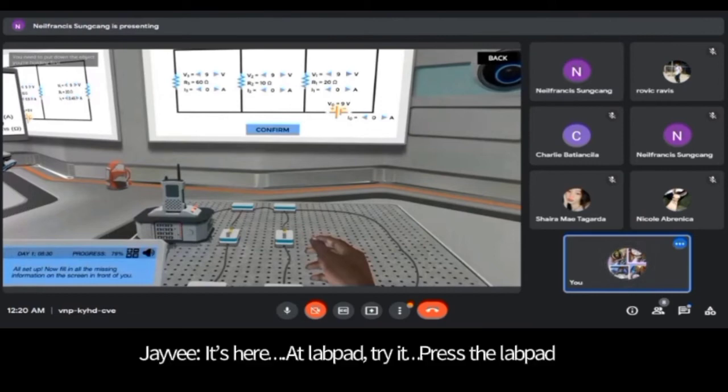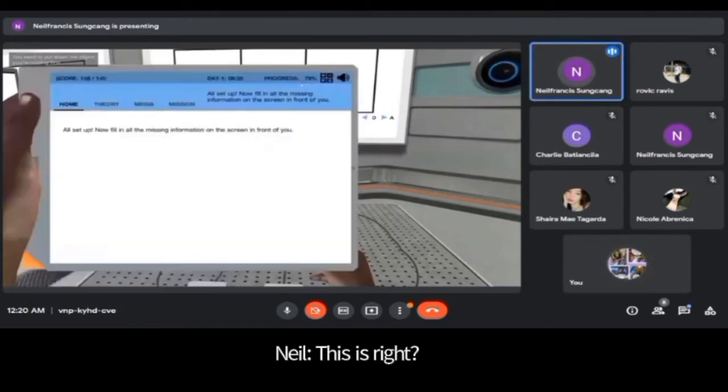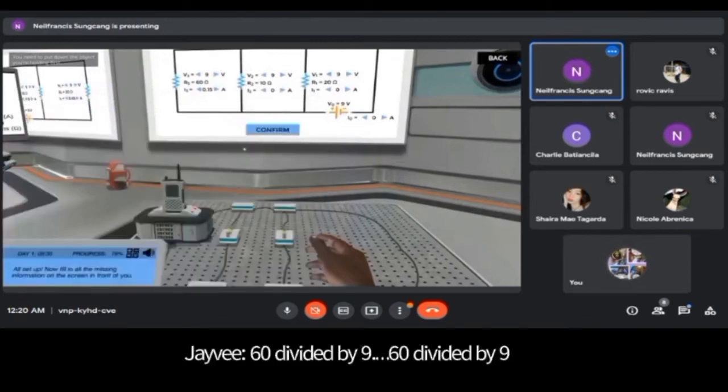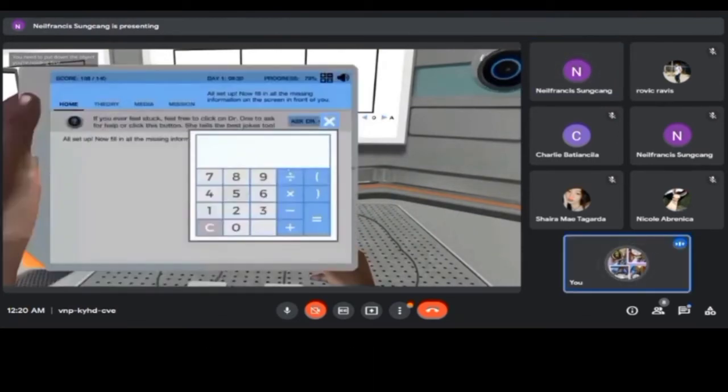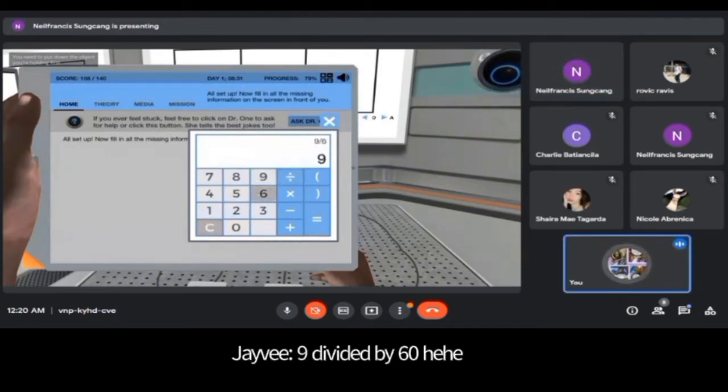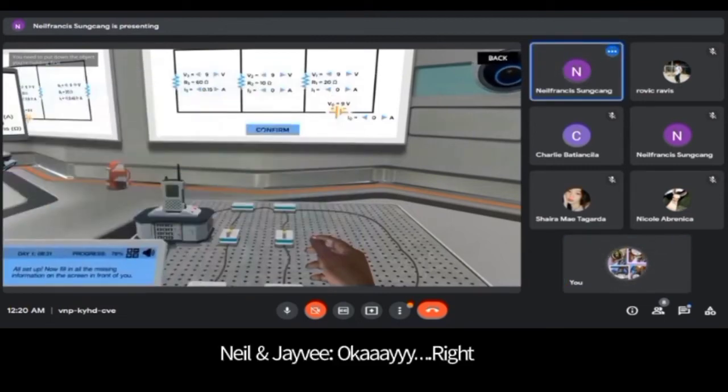Sa lab pad, try mo. Wait, baliktad pala, 9 divided by 60. 0.15.